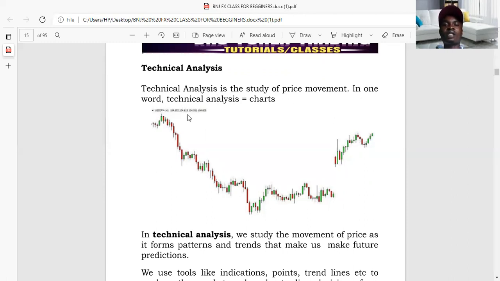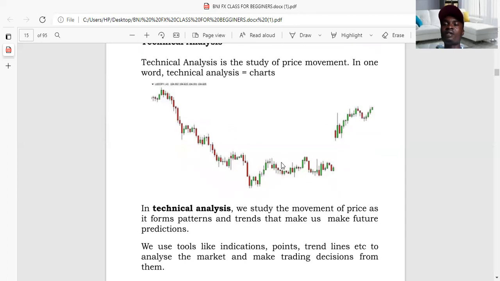In one word, technical analysis equals chart. So unlike that of pair currency, you analyze your market based on the previous happening. You analyze what will happen in the future based on what happened in the past.